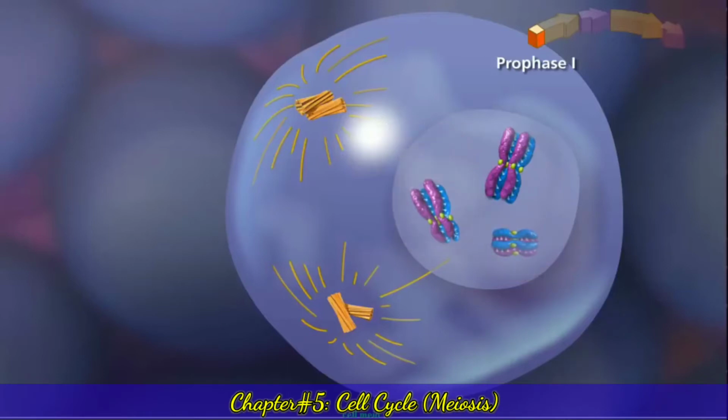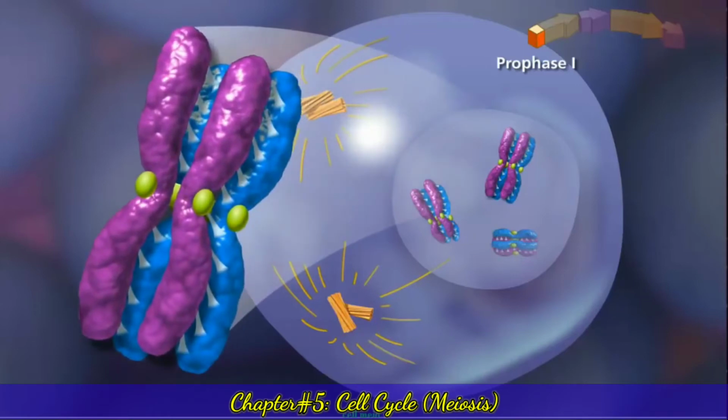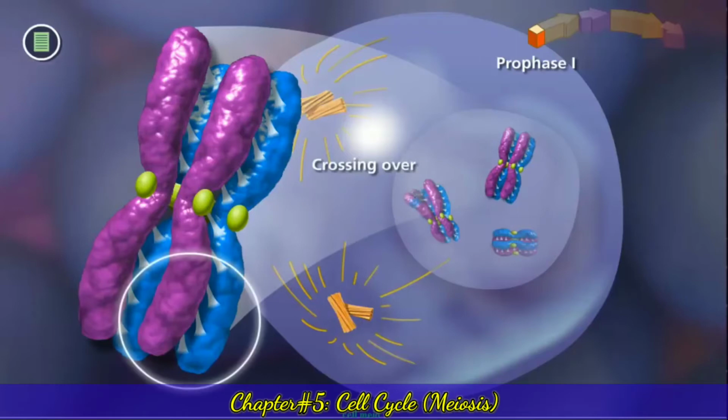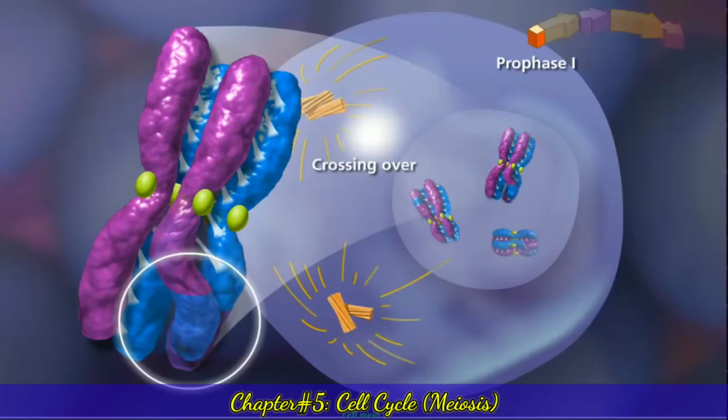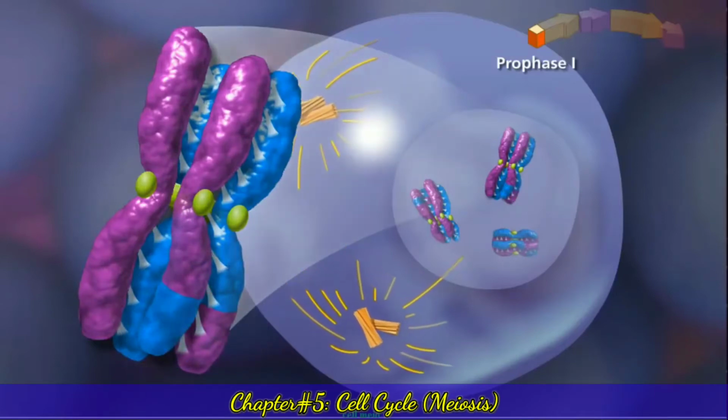The homologous chromosomes share similar but not necessarily identical genes. Once this structure is formed, the second event, called crossing over, can occur. During crossing over, a physical exchange between chromosome segments of non-sister chromatids occurs, increasing genetic diversity.